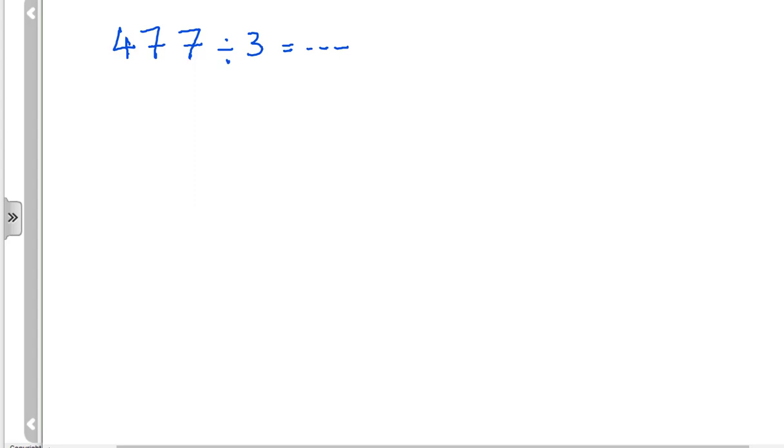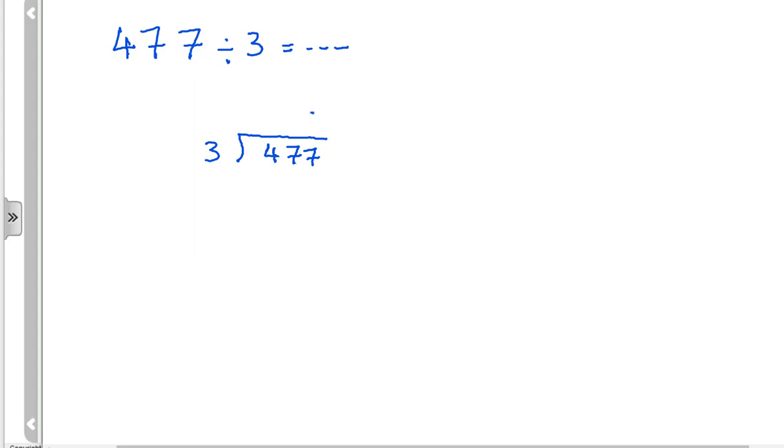Okay, my heroes, we start first with the division house and write the dividend. The dividend is 477, the number that we are dividing. And out of the box, out of the house, we write the divisor, the number that we are dividing by.